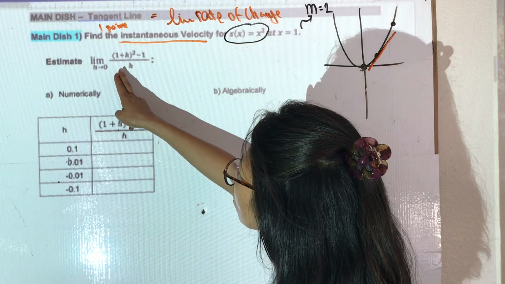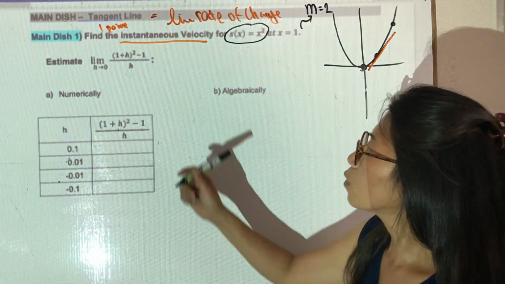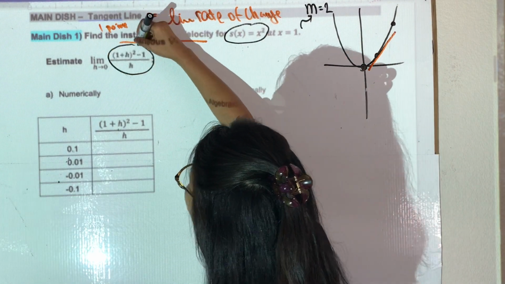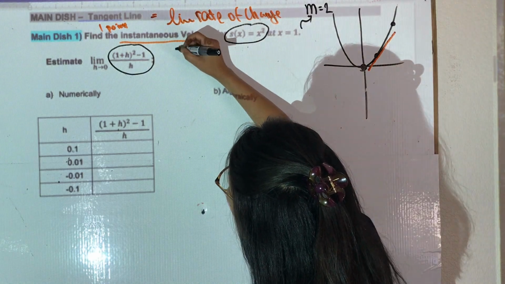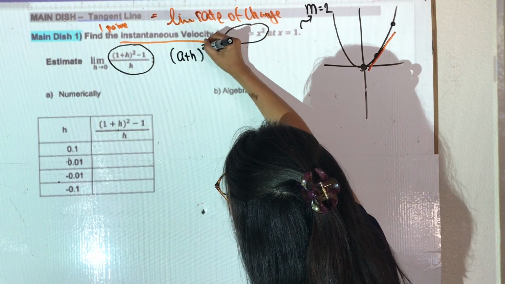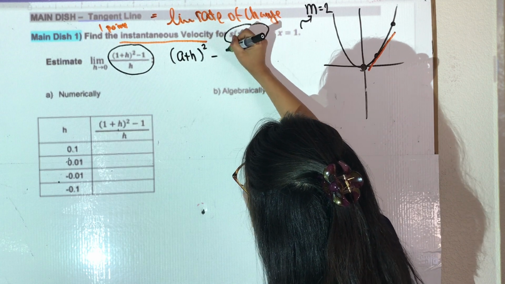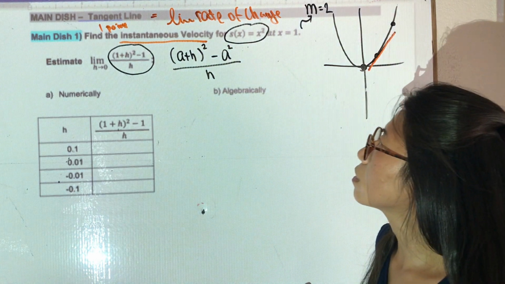When you look at this without this information, I wonder, do you guys see it as a rate of change? For me, I see the rate of change as (a plus h) squared minus a squared over h. Do you guys see that?